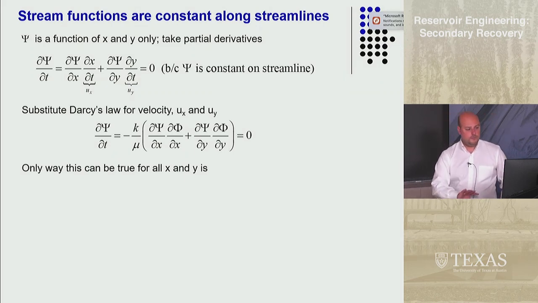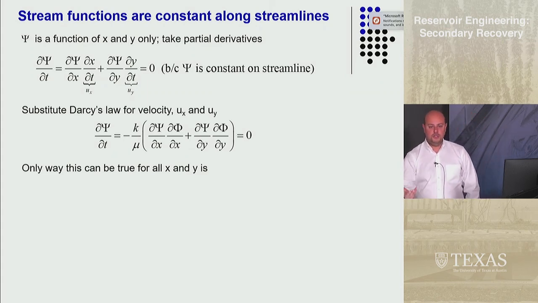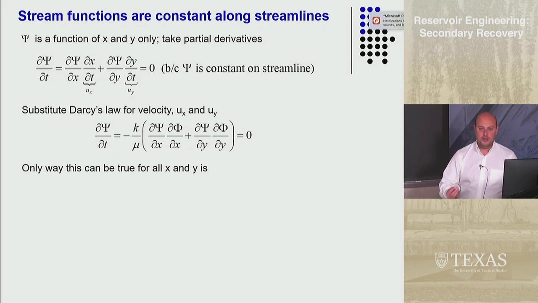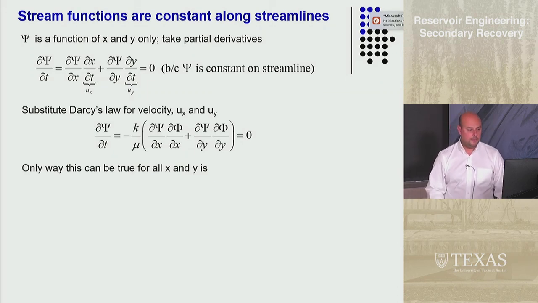Now, in order for this statement to be true, that the derivative of the stream function with respect to time is equal to 0, this term in parentheses must be equal to 0, and it must be equal to 0 all the time. It must be a general case, so for any value of x and for any value of y.